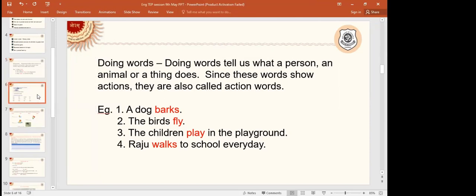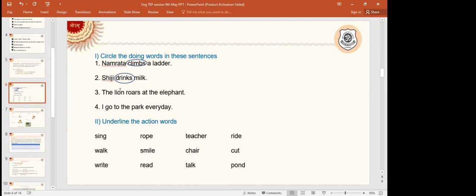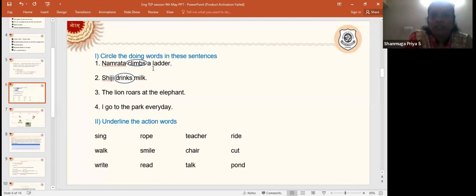And after this, we can move on to the exercises, giving them different kinds of exercises, like circle the doing words in these sentences. Namrata climbs a ladder. So here, climbs is an action word. Then Shiji drinks milk.